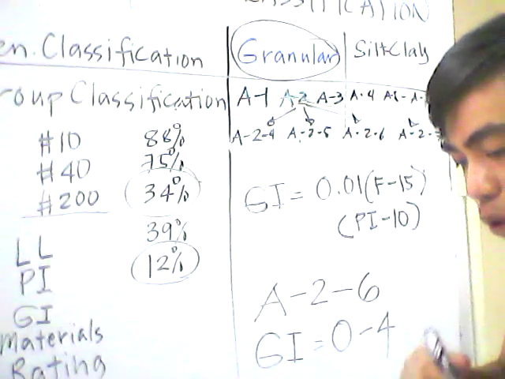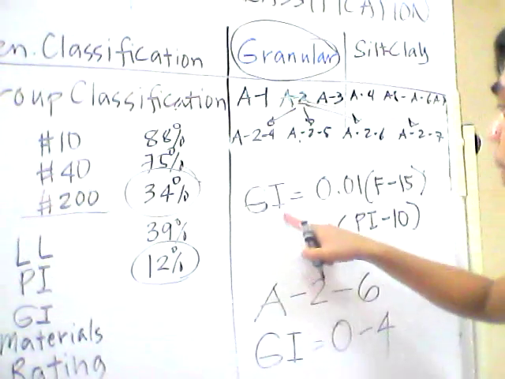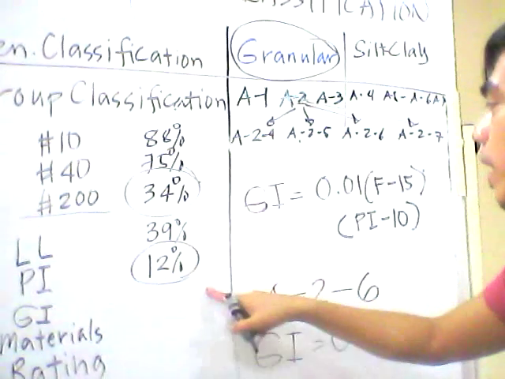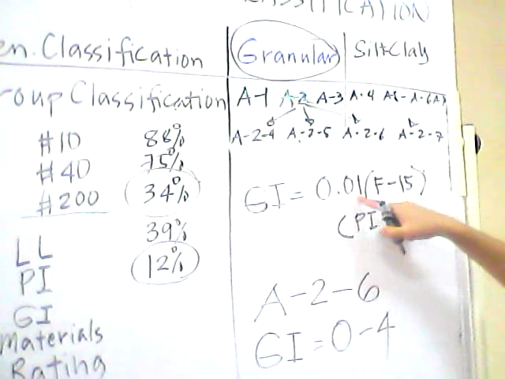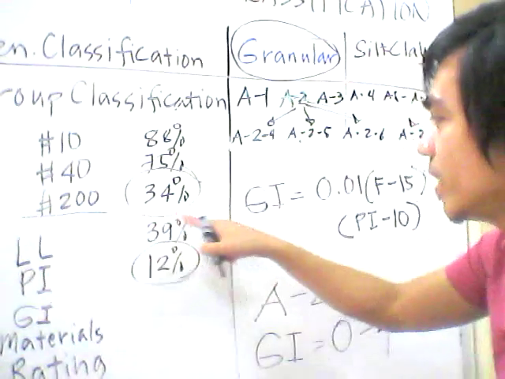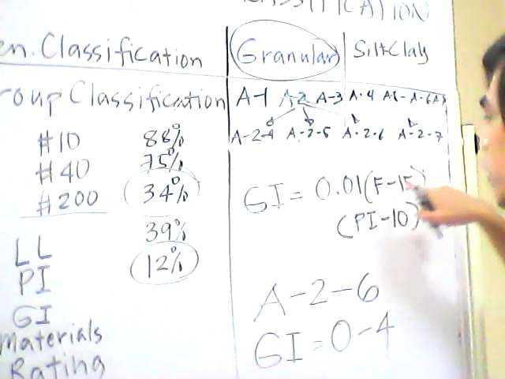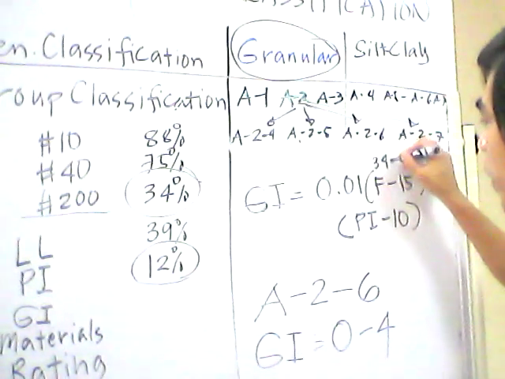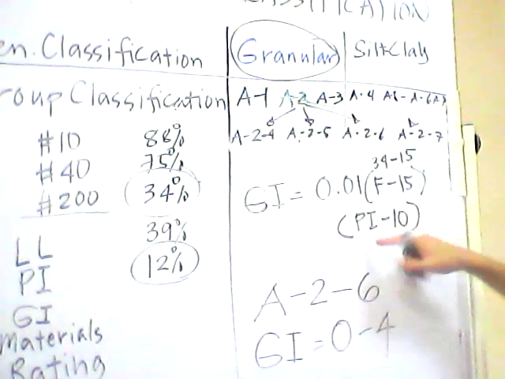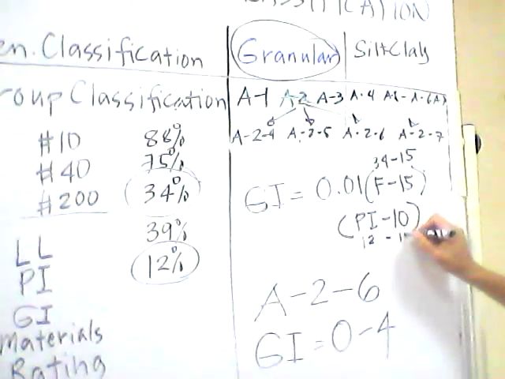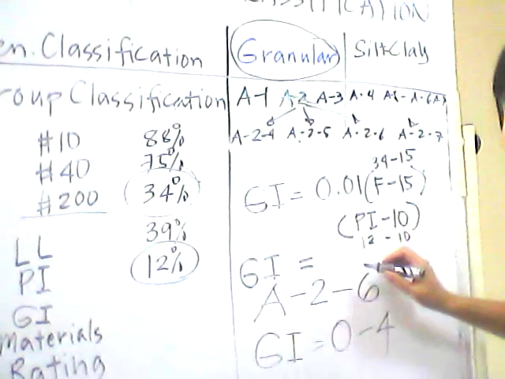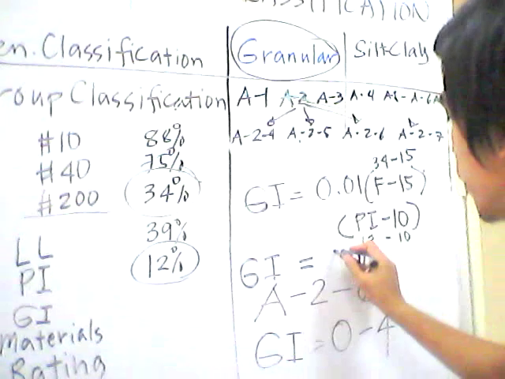So if we are going to compute the group index of this soil sample based from our data, 0.01 multiplied by (F, the percent passing number 200, in this case we have 34, minus 15). So this is 34 minus 15. And then we have the plasticity index, which is 12 minus 10. We are going to compute our GI for this sample, which is 0.38.